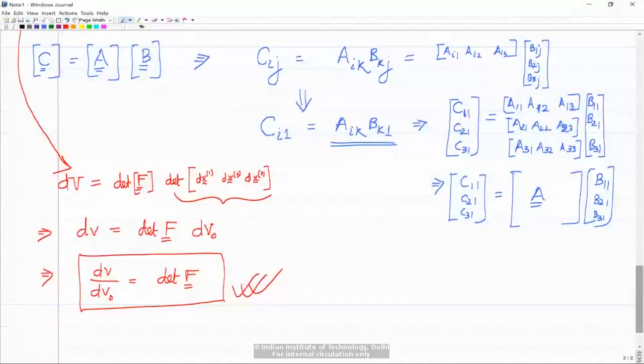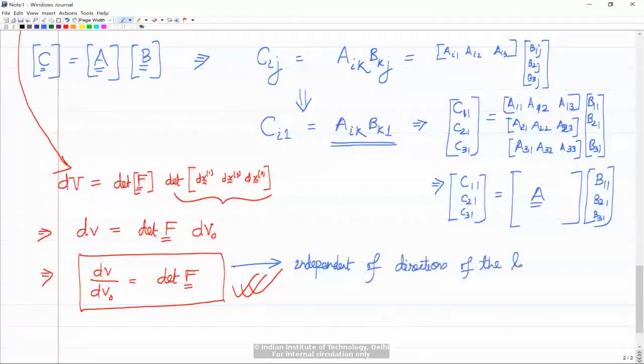So very good. What this tells us is that the ratio of volume is independent of the directions of the line elements that you choose. This also means that it is unique at a point.